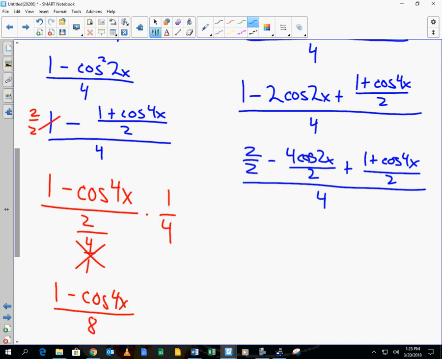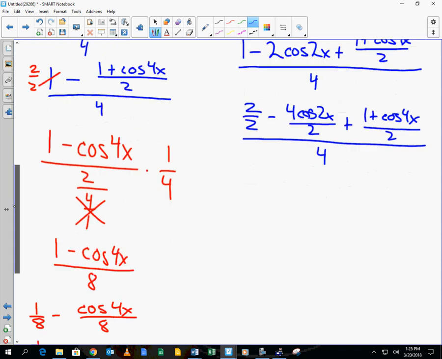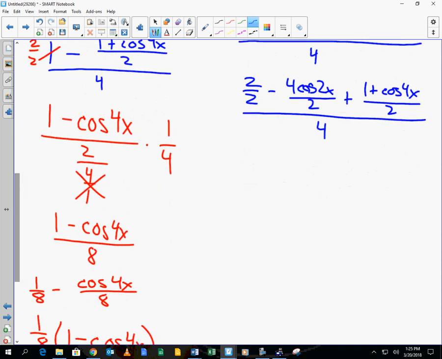All right. Are there any terms that are like each other that you can combine in the numerator? The 2 and the 1. Thank you. So we got 3. So get rid of the 2 and the 1. I have a negative 4 cosine of 2x. I have a positive cosine of 4x.